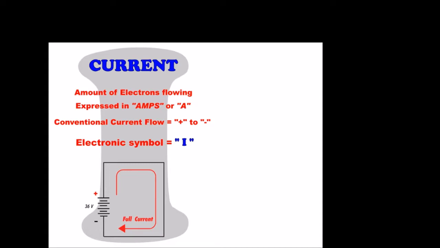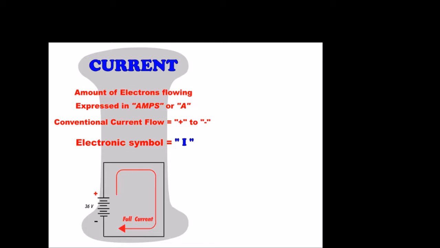Now let's take a look at current. Current is the amount of electrons flowing. Remember, it's what turns on our lights, what runs our TV, what drives a forklift. A 5,000-pound electric forklift is basically operated by the flow of something we can't see, electrons.